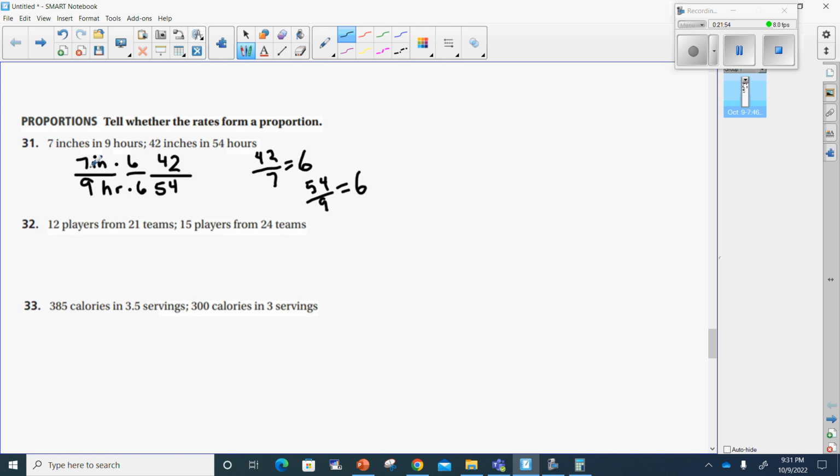The other way I could have done it is to say, what is 7 over 9? Well, 7 over 9 is simplified. 42 over 54 is not, because I can divide both of these by 6 and get 7 over 9, which tells me the ratio is the same. I multiplied both numbers by 6. So do they form a proportion? Yes.